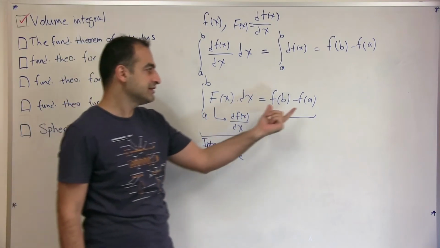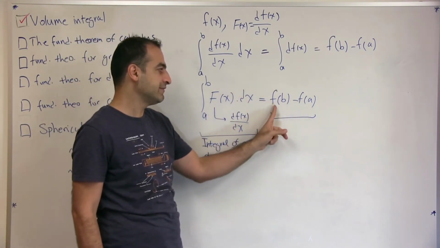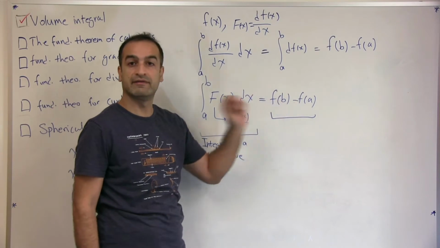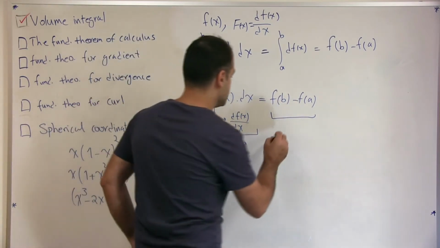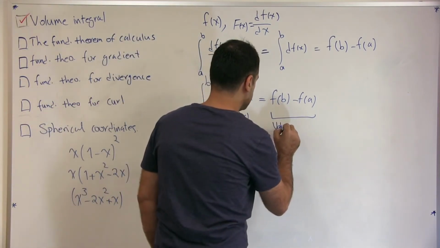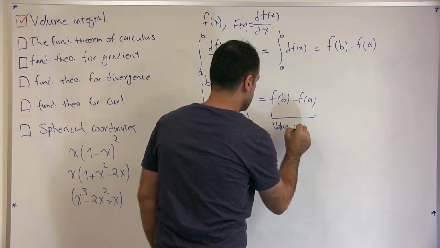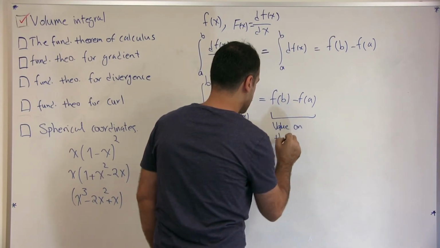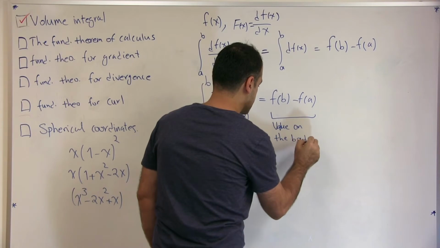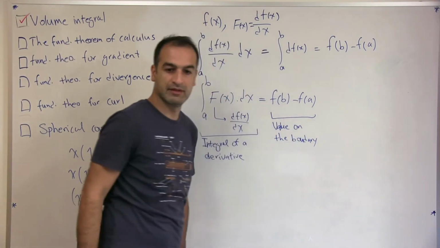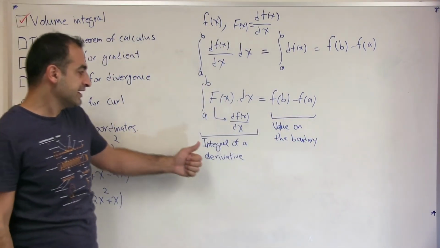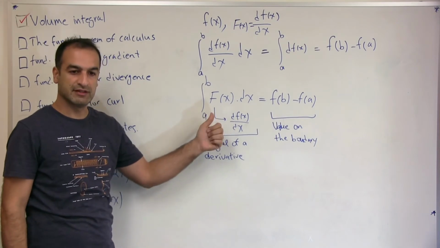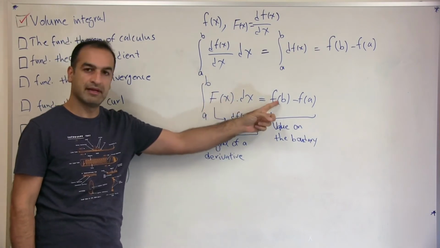The right-hand side is only dependent on the value of f on b and the value of f on a. So this is the value on the boundary. If you integrate a derivative of this function, the whole integral at the end depends on the value on the boundary.